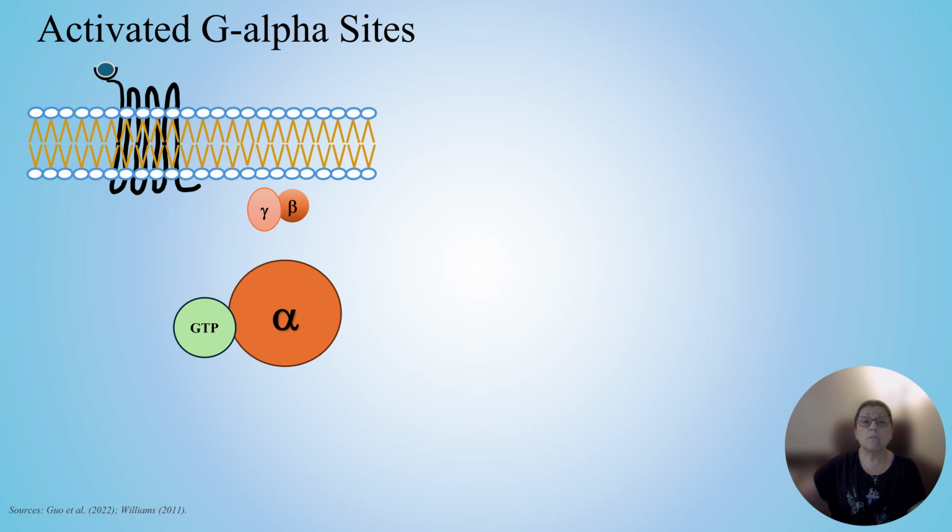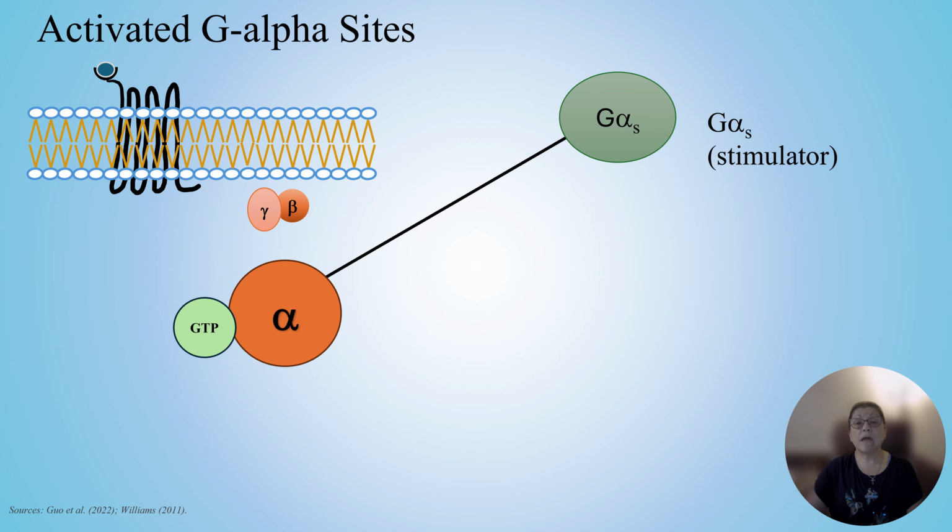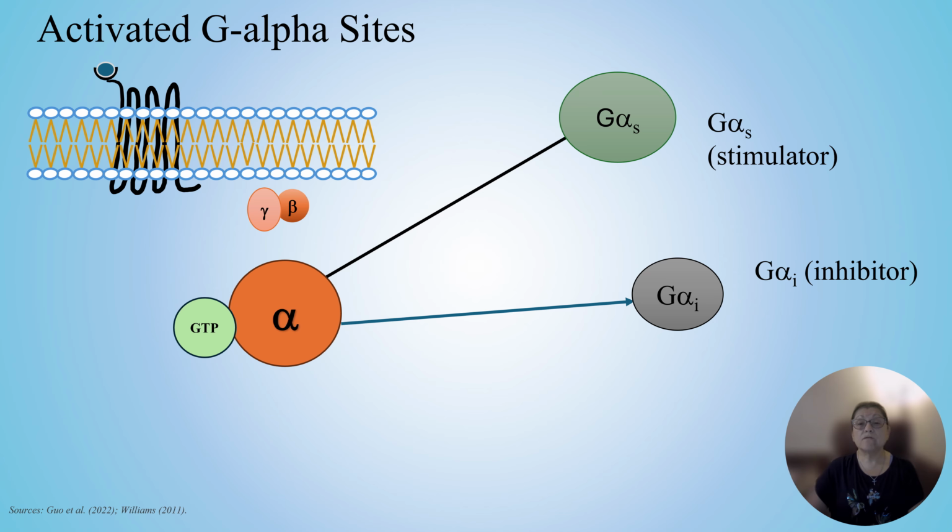So let's move on. The first one is a G alpha S, which means stimulator. The next one is a G alpha I, and the I stands for inhibitor. And this actually will regulate the predominance of whether the cycle will continue to convert ATP to cyclic AMP.